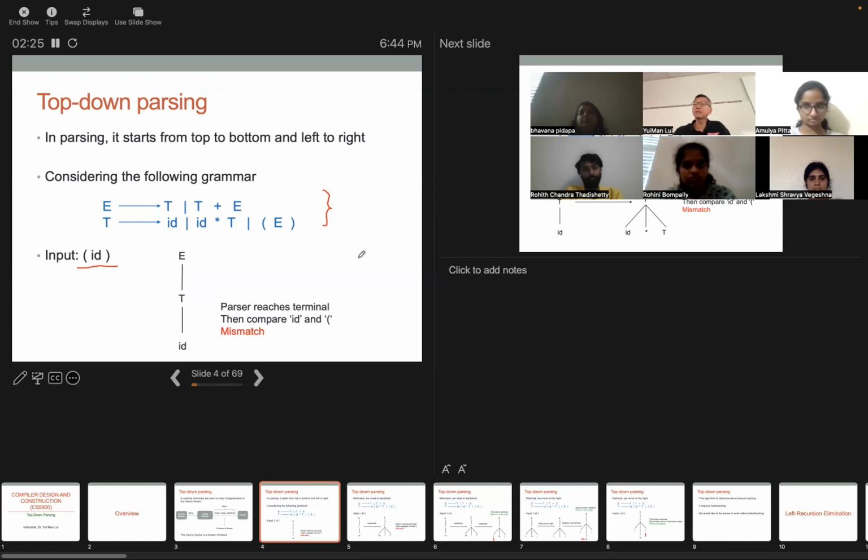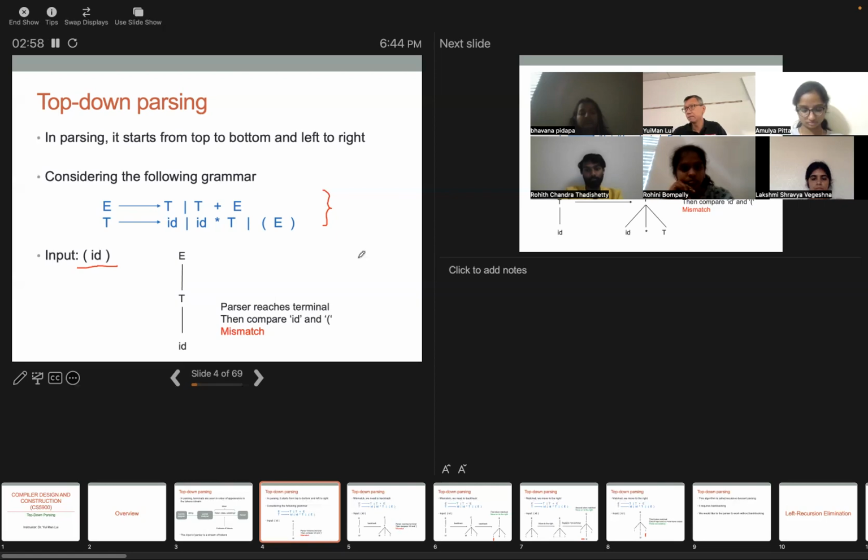It's a tree, starting from the start symbol, which is our root, E. In E, we have two choices, T or T plus E. We don't know which one, so let's say we pick the first one, T. Then we go to the production for T: ID, or ID times T, or left parenthesis E right parenthesis.